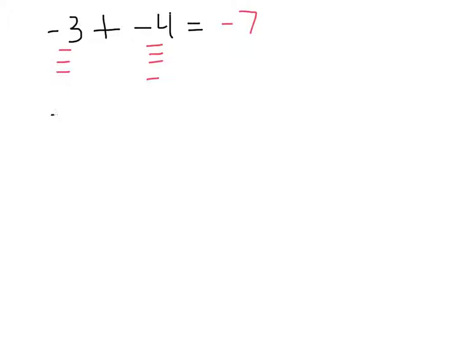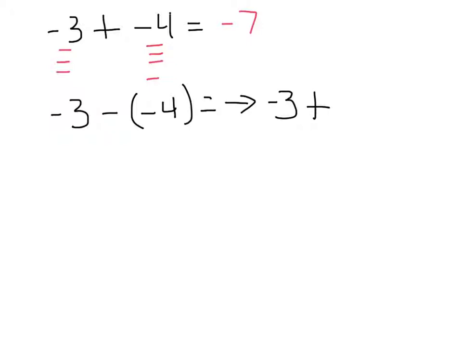Let's try -3 minus -4. Remember, you must state change this. Jack, would you state change this, please? The first term is -3, it stays. Plus +4. We're changing the subtraction to a positive, and we're changing the last term from a negative to a positive.